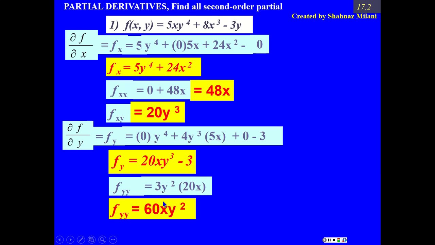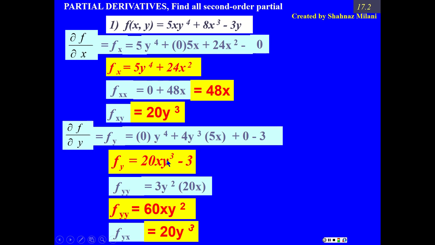Now from here, let's get the derivative based on yx. That means go here, get the second derivative based on x. Now, the derivative of 20x based on x is going to be 20 times y to exponent 3.